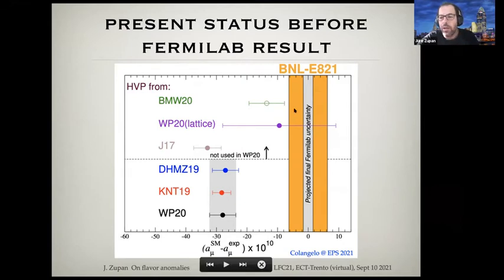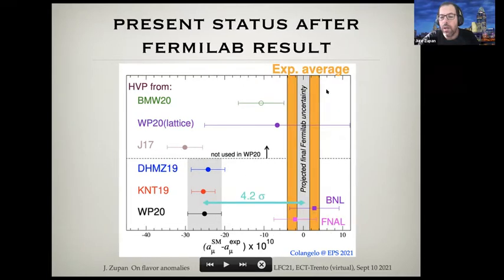So the real question is, do we understand the standard model theory? The consensus numbers rely mostly on the R ratios, and then the question is what is going on with the lattice prediction. The experiment went from the BNL one to the Fermilab.